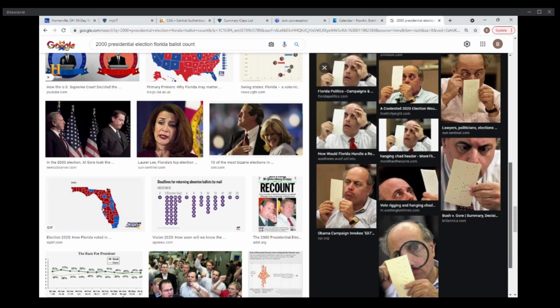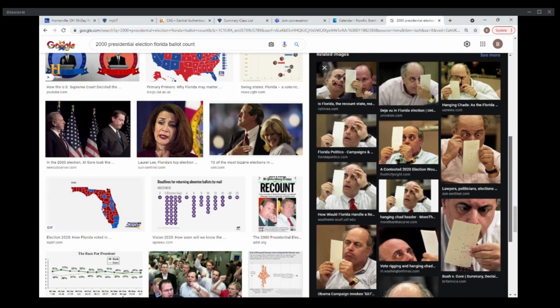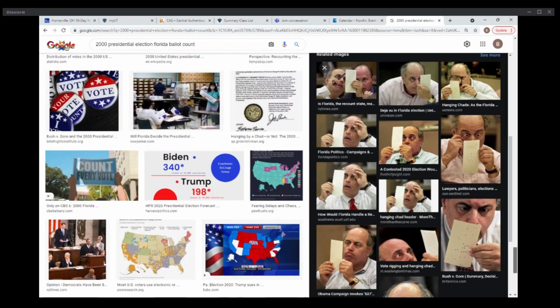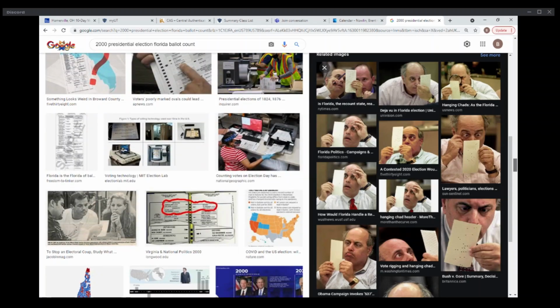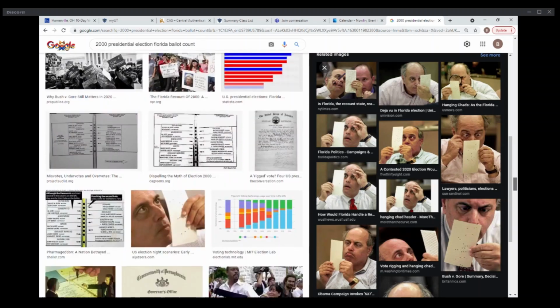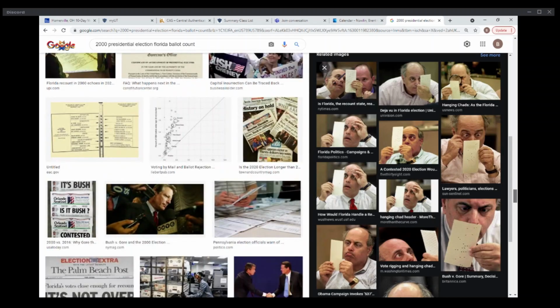There's a famous one, because the verdict from the Supreme Court was if the intent was obvious, a famous picture of him holding the ballot up to his head, trying to read the mind of the voter. I can't find it. I'm not going to waste any more time.